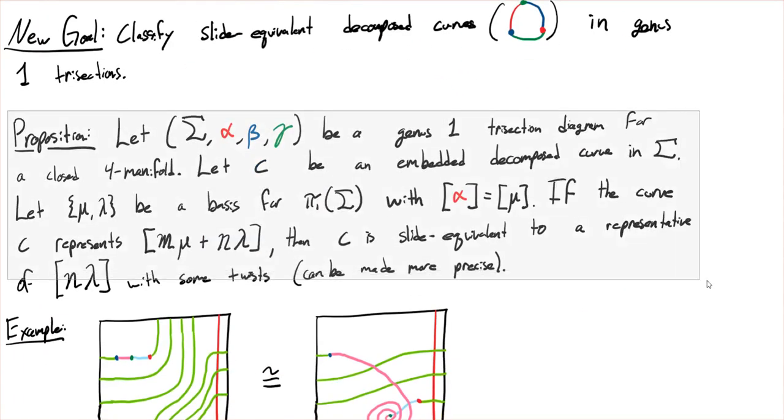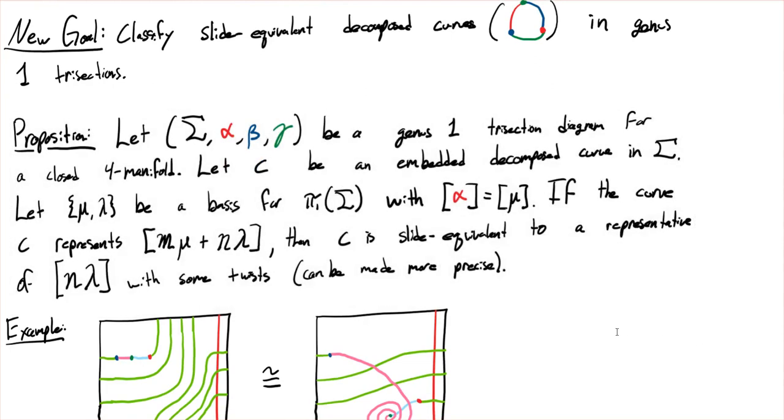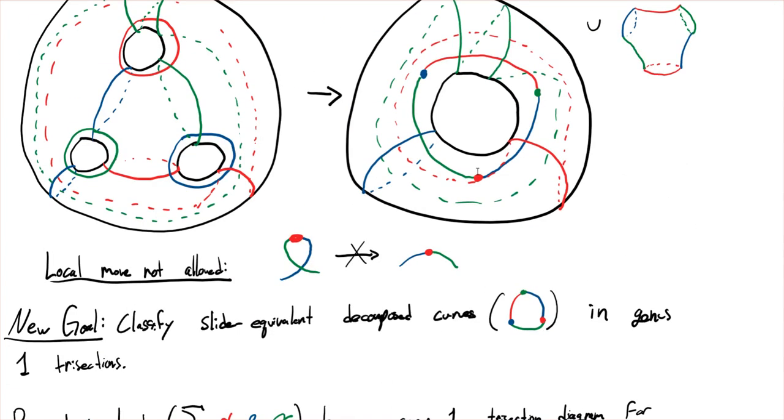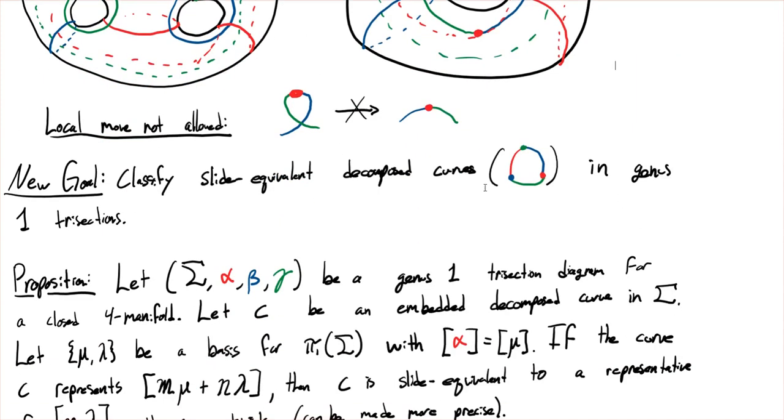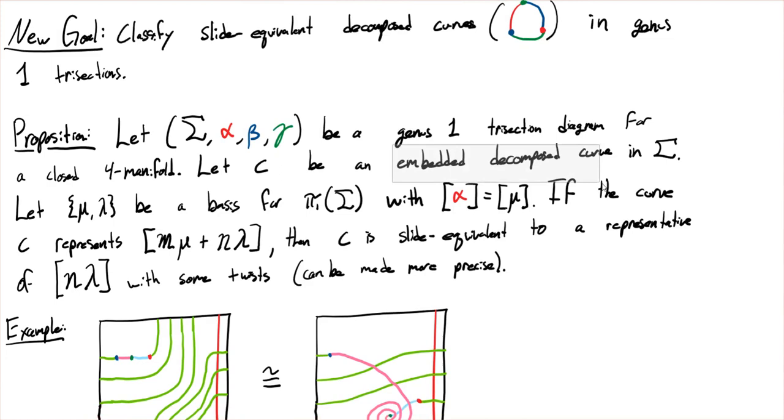I won't give the proof here, but essentially what we proved is that if you have a genus 1 trisection diagram, and if you have an embedded decomposed curve, so we're going to treat this dot as though it can slide over, so that this red curve can slide over this dot, this red arc can slide over this dot. That's what we mean by a decomposed curve.